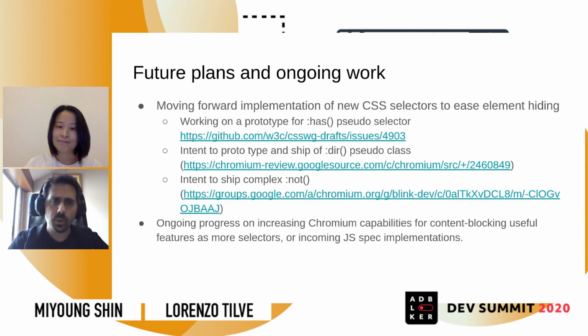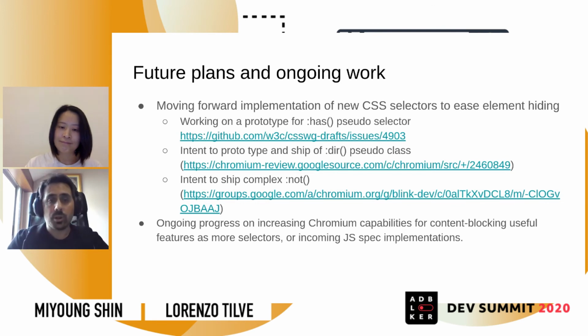So we are actually working on a prototype for the :has pseudo selector that has been there in the specification for a while, that has some things that have to be deeply investigated with regards to performance and the way that could work under invalidation circumstances. But in any case, we are working on a functional prototype to get the work moving from there on.